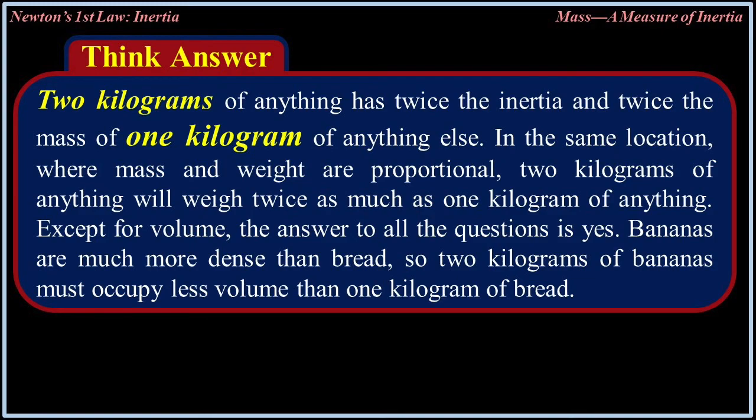In the same location where mass and weight are proportional, 2 kilograms of anything will weigh twice as much as 1 kilogram of anything. Except for volume, the answer to all these questions is yes. Bananas are much more dense than bread, so 2 kilograms of bananas must occupy less volume than 1 kilogram of bread.